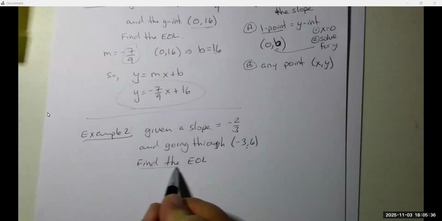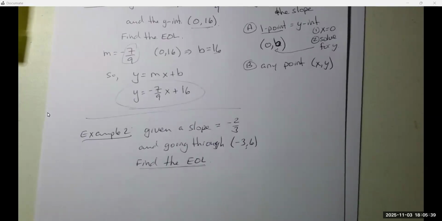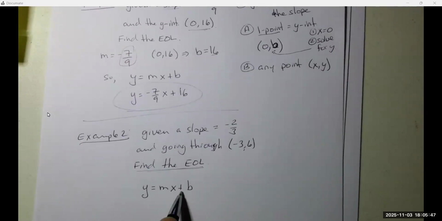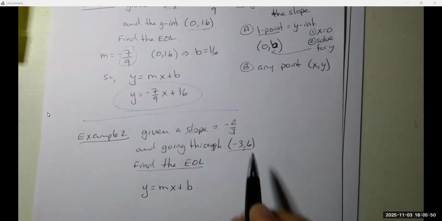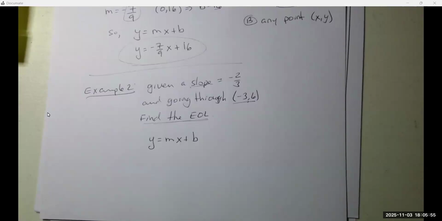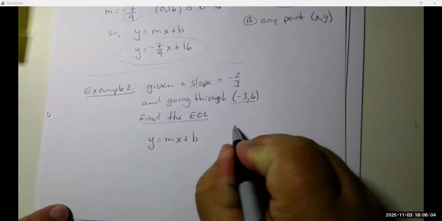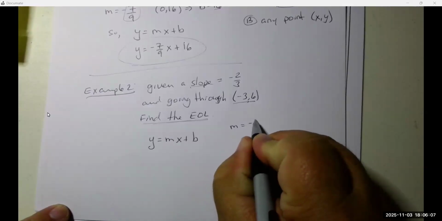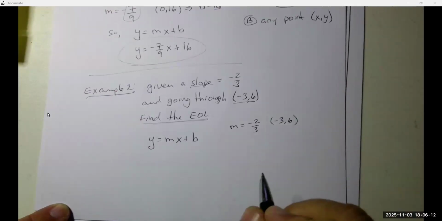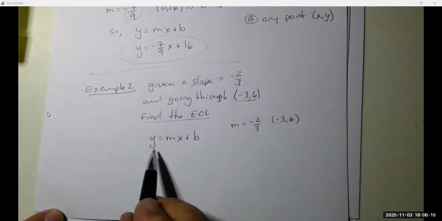Okay, since the question's asking for equation of the line, that's what we start off with. We start off with the equation of the line that we're dealing with. And the reason we're using this formula, because we're given a slope and a point. I'm going to show you in a little bit that there are other equations we can use. All right. So we know our slope is negative 2/3 and our point is negative 3, 6. Now, how does this fit into this?